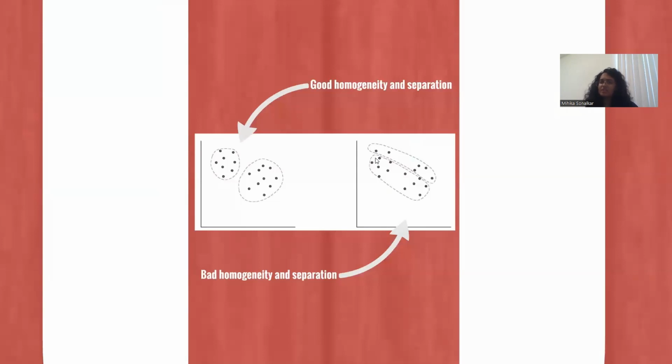So we can assume that they are similar genes or similar data points and still are a part of two different clusters. And thus, for our clustering algorithm to be efficient and perform in the best way possible, we need good homogeneity and separation, especially when we have large amounts of data or gene expression microarray data that we use in bioinformatics.